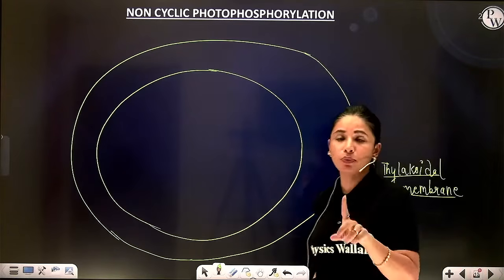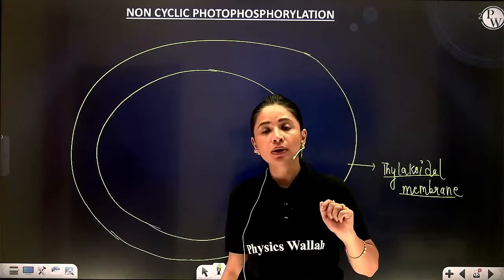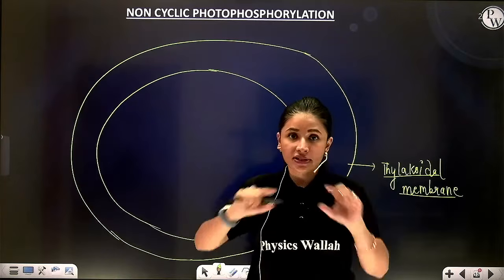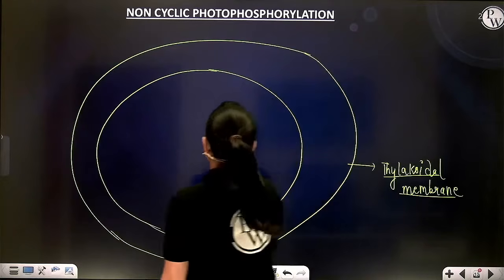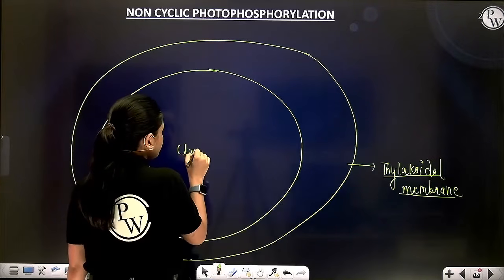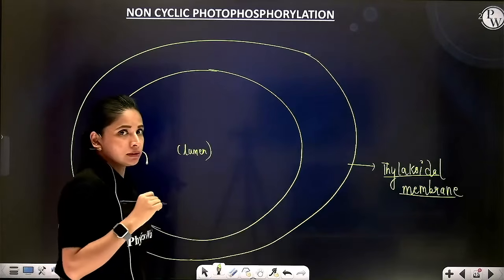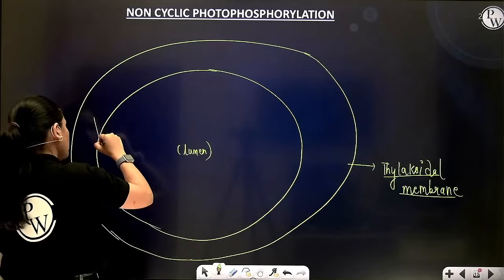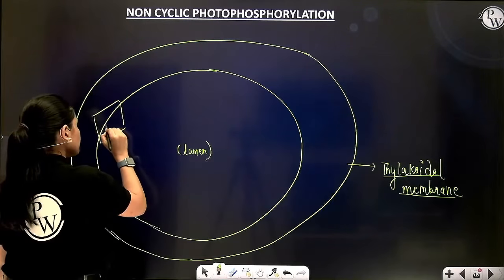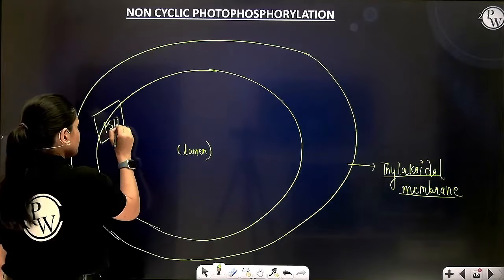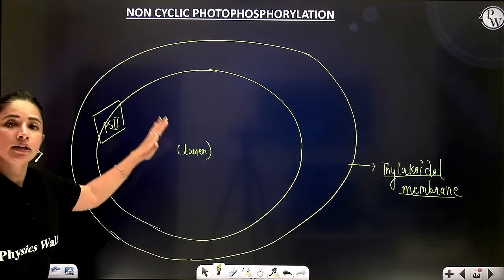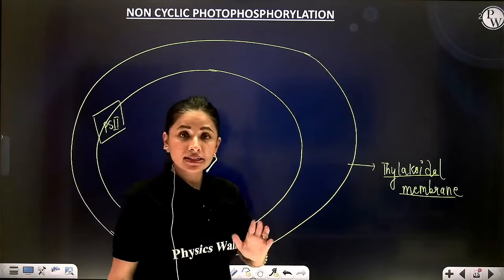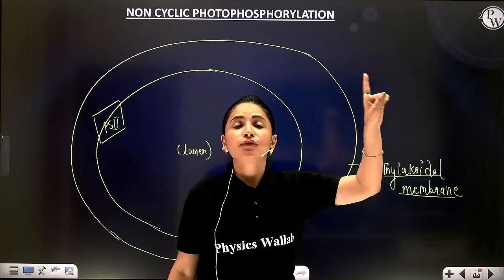Two photosystems, 1 and 2. Photosystem 2 is present on the membrane but slightly towards the lumen, which is the space of the thylakoid. So this is the space of the thylakoid, which is known as lumen, and photosystem 2 is present on this membrane towards the lumen, whereas photosystem 1 is present on the thylakoidal membrane but facing the stroma.